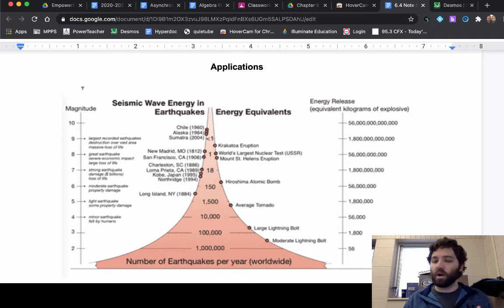All right, so a question that we might ask, like if we're over here in the energy release column, and we say, okay, well, I've got 56 million kilograms of explosive equivalent, and I want to know, what if we just said 10 to what power gives me 56 million?